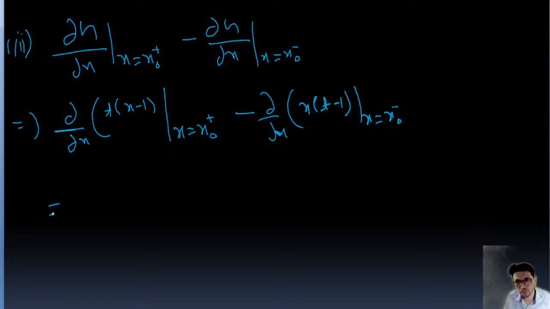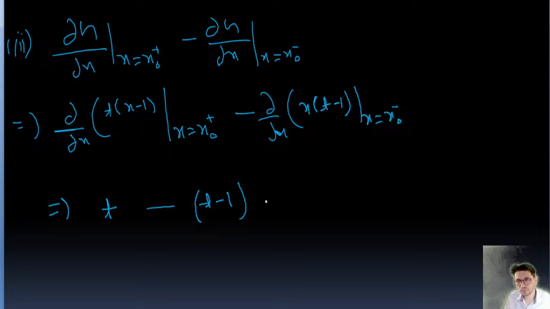Now we'll find the value, so we'll differentiate it. This is going to be t, because for t x, differentiating gives t. We know simple differentiation. Minus, here this is going to be t minus 1 at x equal to x naught. So there is no x, right?